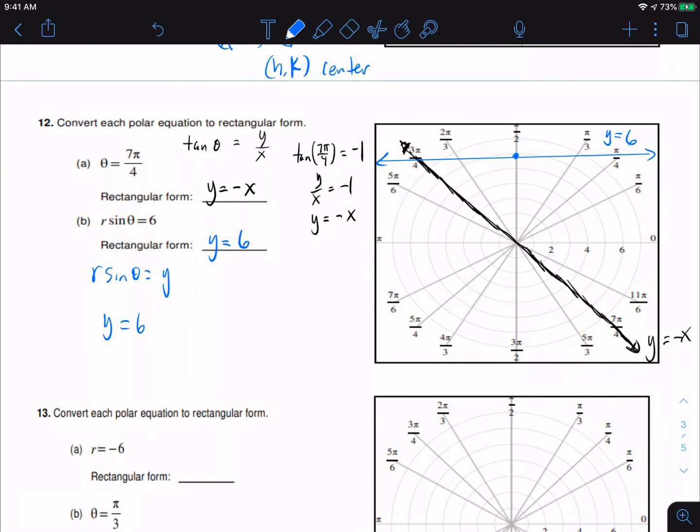So like if I gave you y is equal to 2, when I graph that, I'm going to go up 2, and then my line is right there, right? If I have x equals 2, that would be a vertical line that goes up at 2. It's just y equals anything is horizontal, x equals anything is vertical. Got it? Cool.